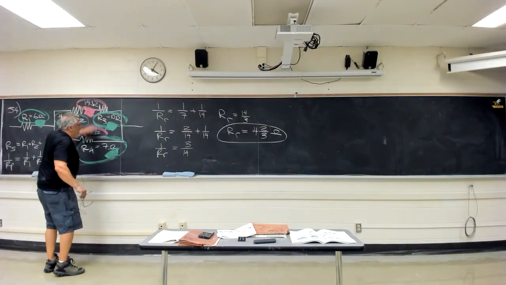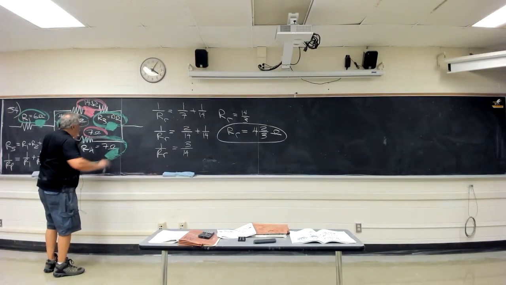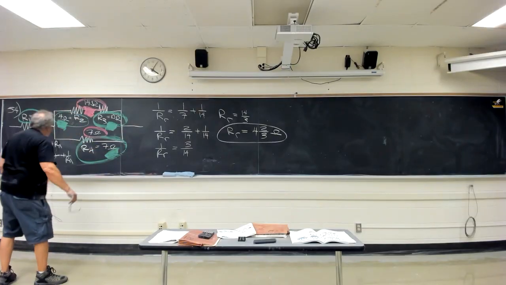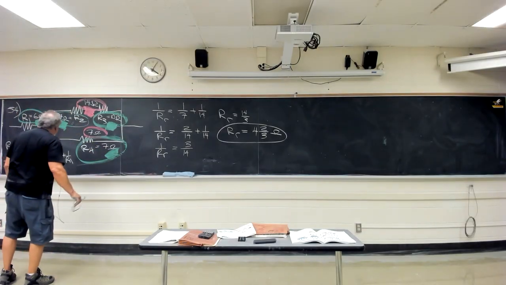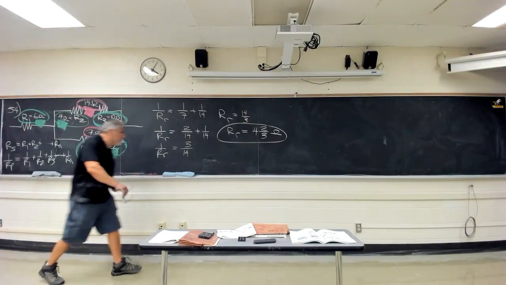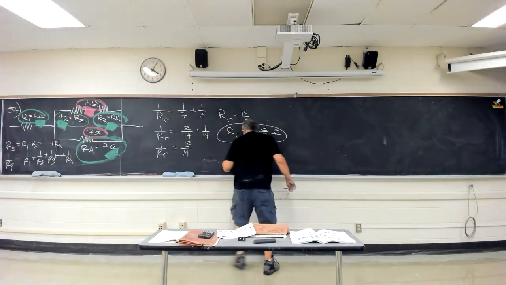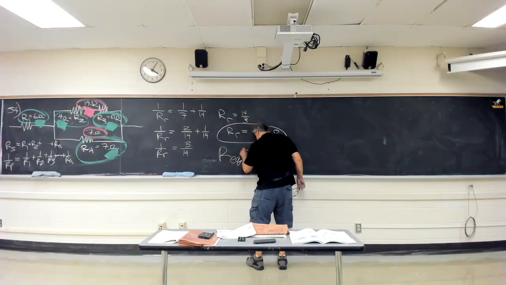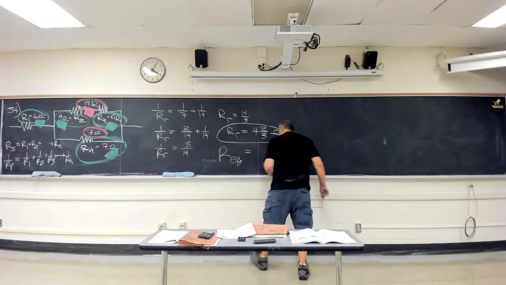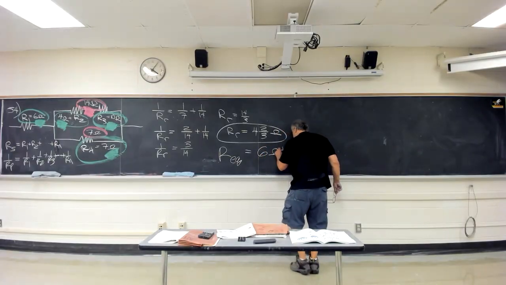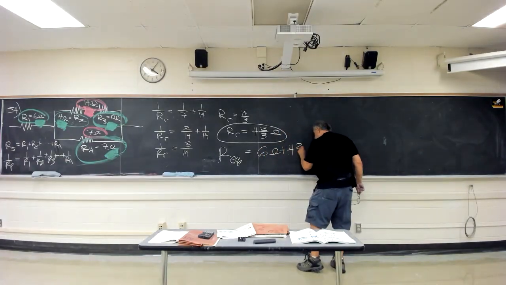This whole song and dance on the right-hand side, this big loop right here, is 4.67 ohms, roughly. 4 2/3 ohms. Now they're in series, so add them together, and the equivalent is all of it. Our equivalent is going to be the 6 ohms plus the 4 2/3 ohms.